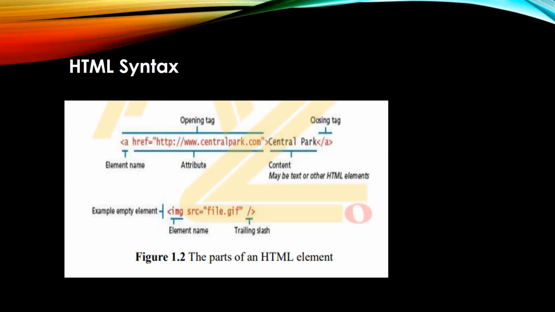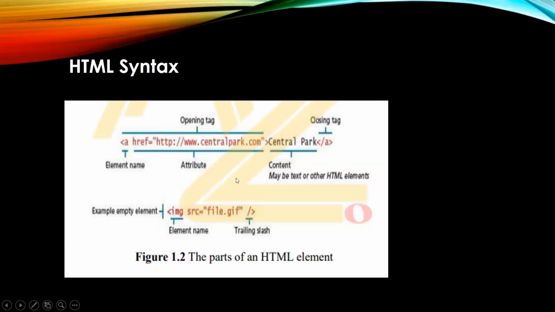The term HTML element is often used interchangeably with the term tag. However, HTML element is a more expansive term that encompasses the element name within angle brackets, that is tags. You can see these are the tags. Angle brackets are called tags, and the contents are within the tag.